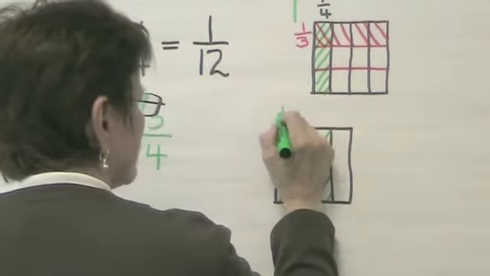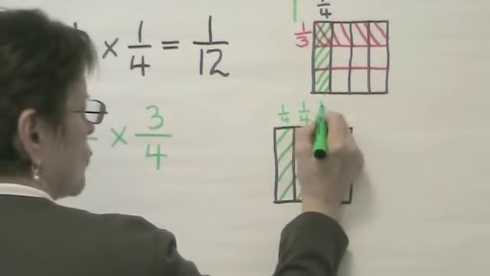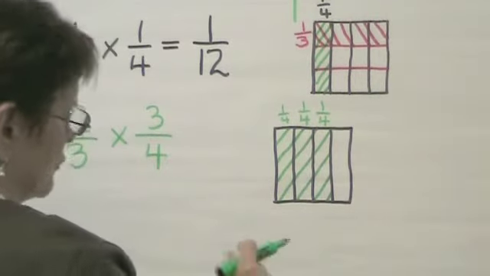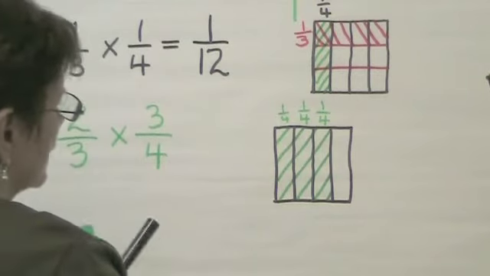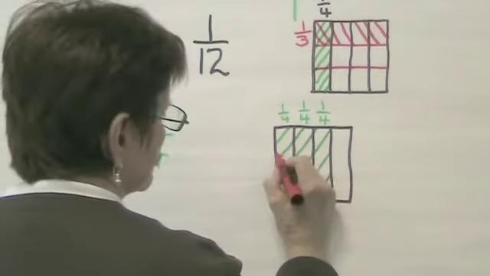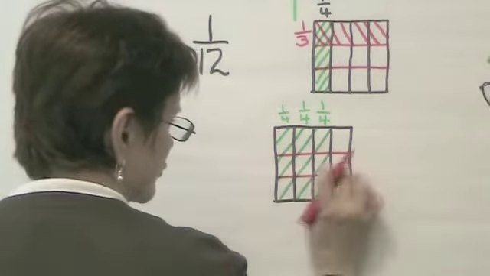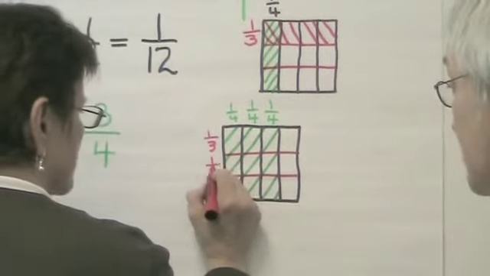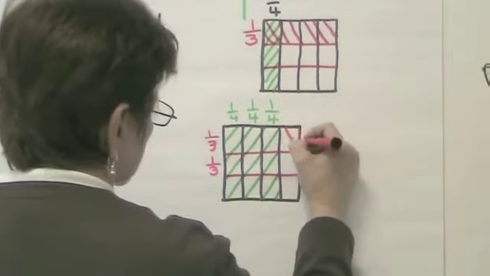So I have 1/4 here, 1/4 here, and 1/4 there. 3/4, 3 of them. Now what do I have to do to that? We need thirds. I have to create thirds, because I want 2 of them. Here's a third, a second third and a third third. So I'm going to hatch in 2/3.